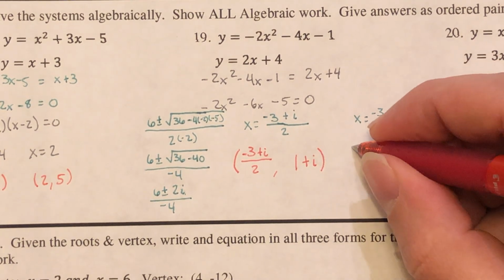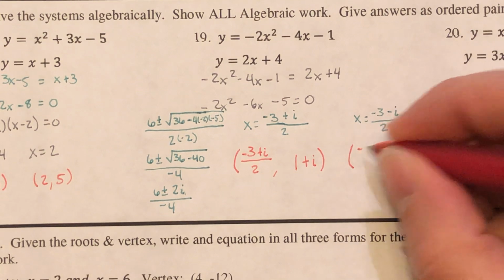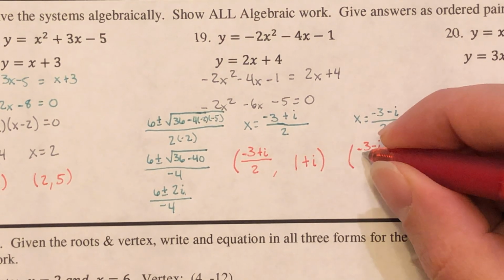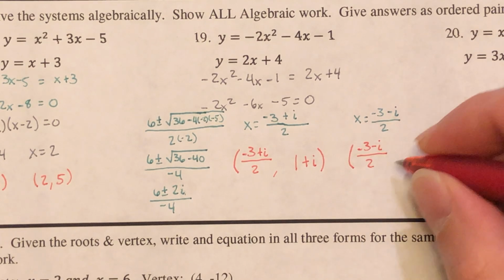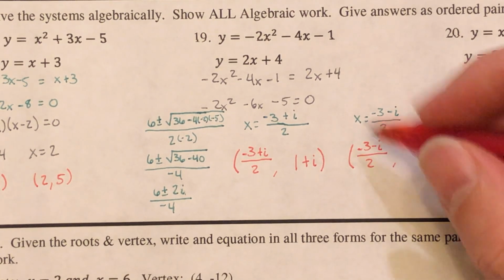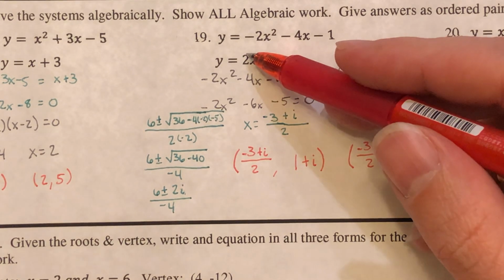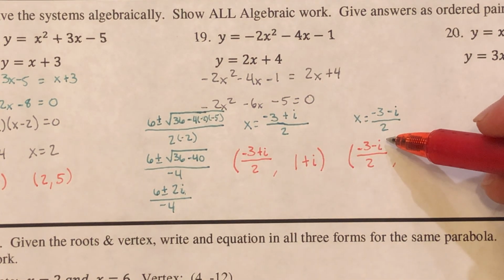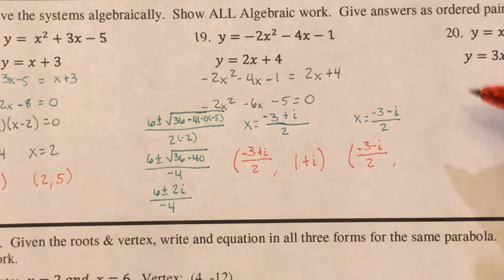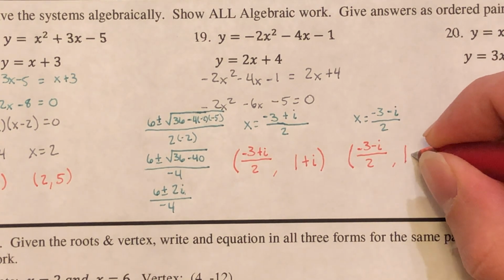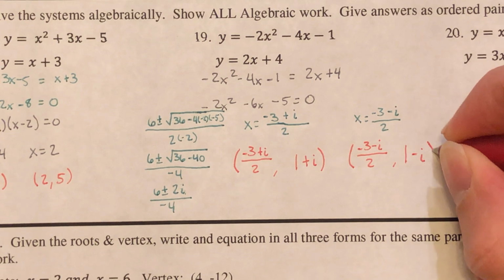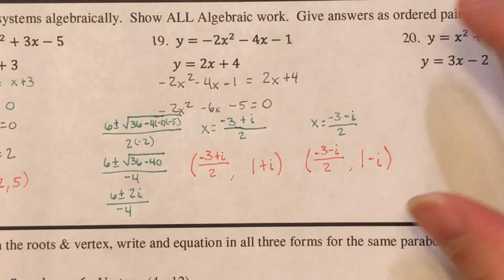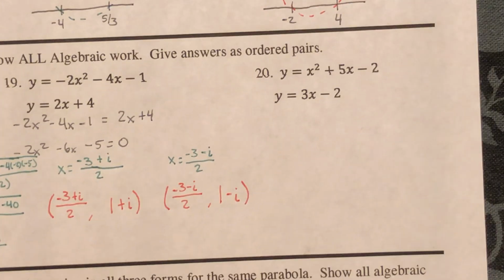And here, I have the x value of negative 3 minus i divided by 2. I plug that in. When I multiply this by 2, I just have negative 3 minus i, and then I add 4, and I get 1 minus i. So those are going to be my solutions there.